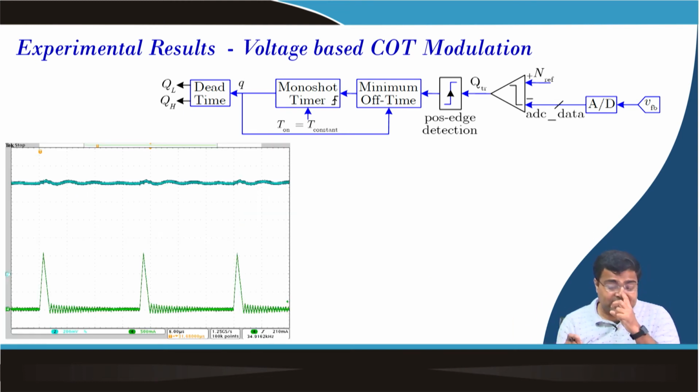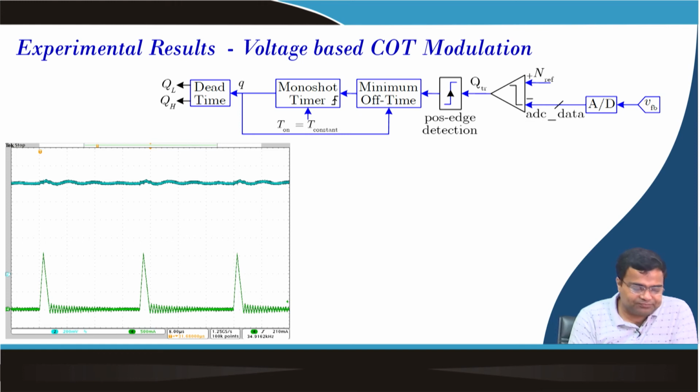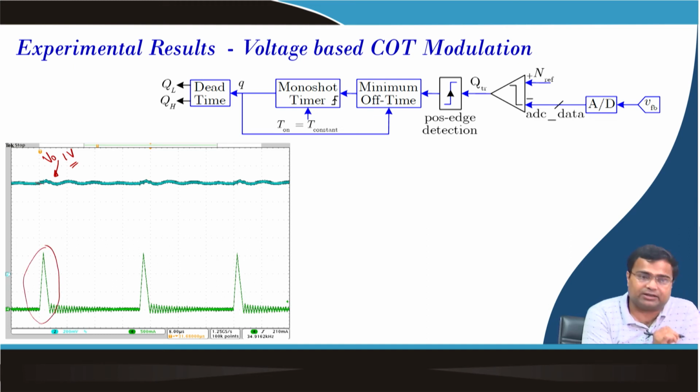Okay, now this is the experimental result, where you can see this channel is the output voltage. So, this output voltage is 1 volt, is a reference voltage. This is my V0. You see, when the output voltage falls below reference voltage, then this on time is triggered, and one of the on time is elapsed. We will have a minimum of time, but that is not coming here.